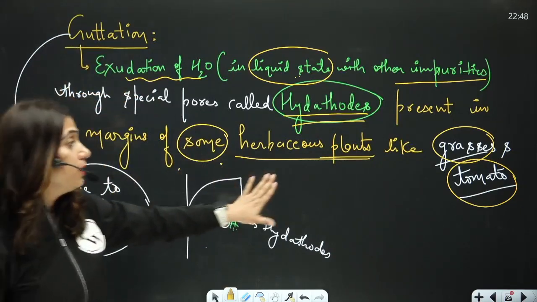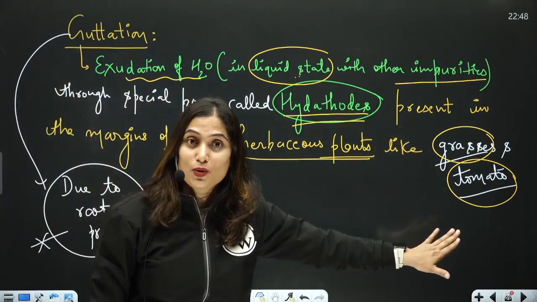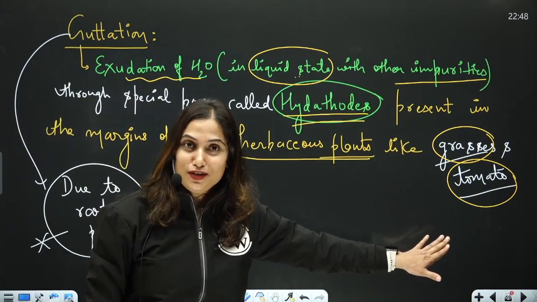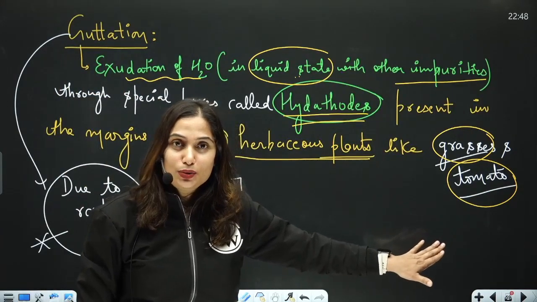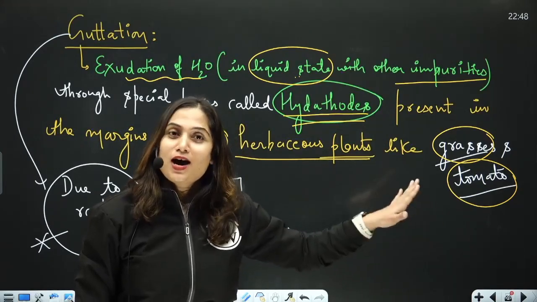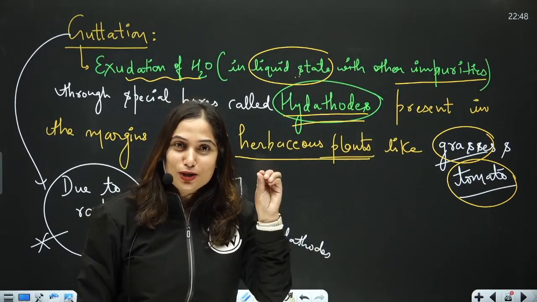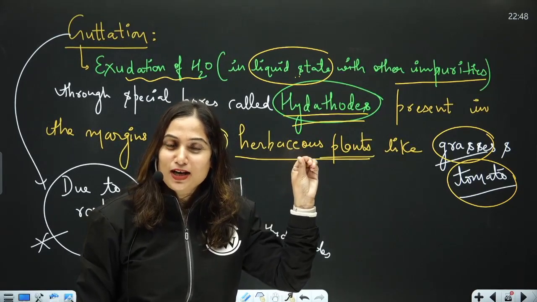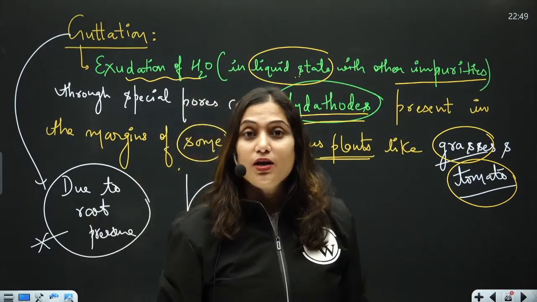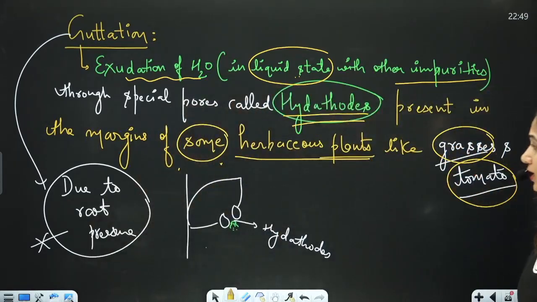It is found in some herbaceous plants like grasses and tomato, in which hydathodes are present on the margin of the leaf. Due to the root pressure during the evening and early morning hours, the water comes out through these hydathodes, and that is called guttation. So you can see guttation only during early morning or evening hours, not during the day.